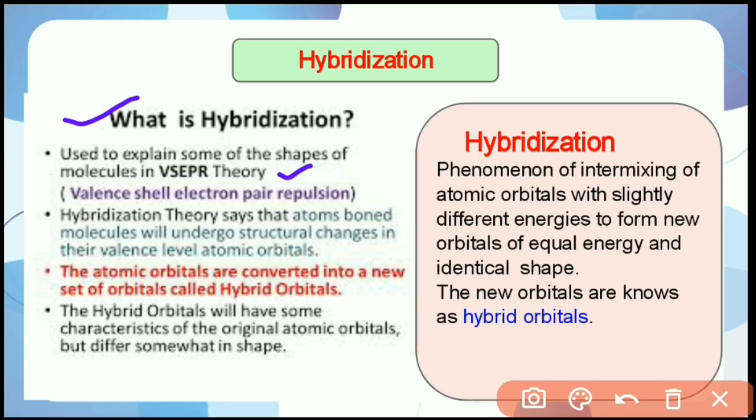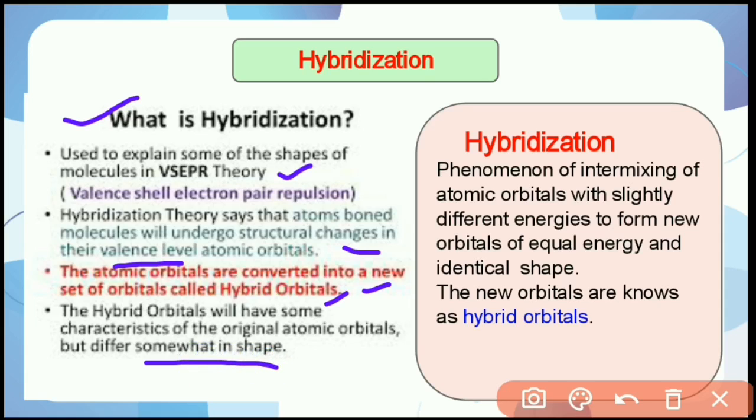In hybridization, the theory says that an atom in a bonded molecule undergoes structural changes in its valence level atomic orbitals. The atomic orbitals are converted into a new set of orbitals called hybrid orbitals, which have some characteristics of the original atomic orbitals but differ somewhat in shape.